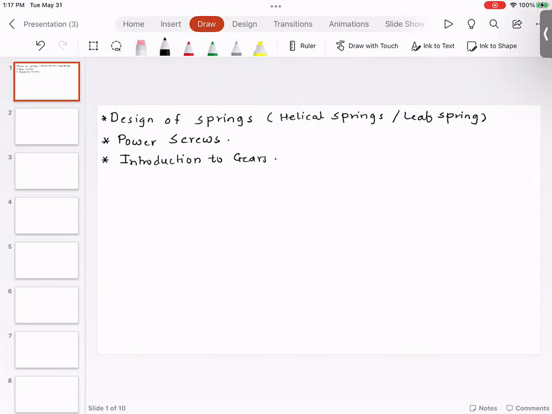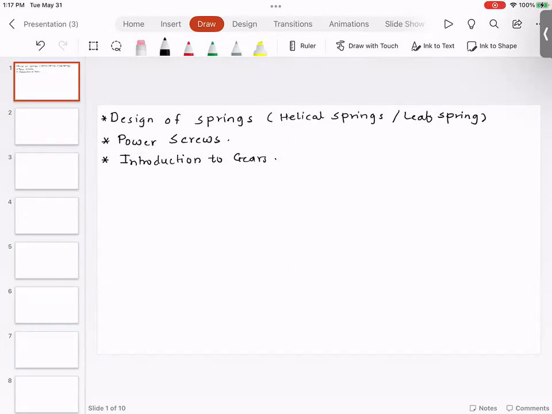Gears are used for power transmission. We will talk about the law of gearing. We will talk about the design principles for the gears, and we will also talk about different types of gears and then what we can achieve with a typical power transmission such as a gear.